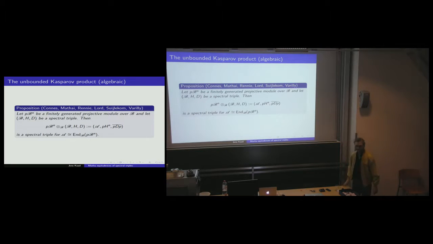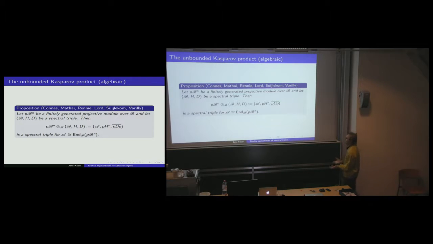So the statement is, now you have this finitely generated projective module over B, and it's given by this orthogonal projection P. Okay? And then you have any spectral triple over B.